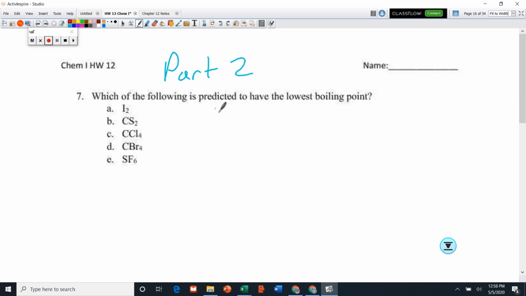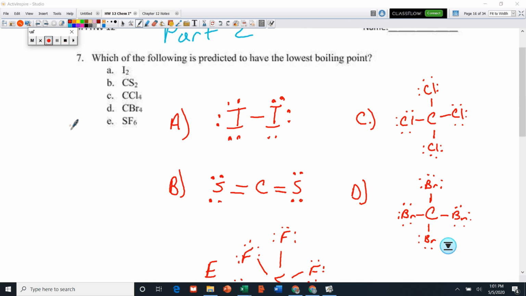Which of the following is predicted to have the lowest boiling point? So in order to do this, I'm going to go ahead and draw the molecules. So we have I2, so that's iodine bonded to iodine. Dealing with these, we have to look at the molecules by structure.